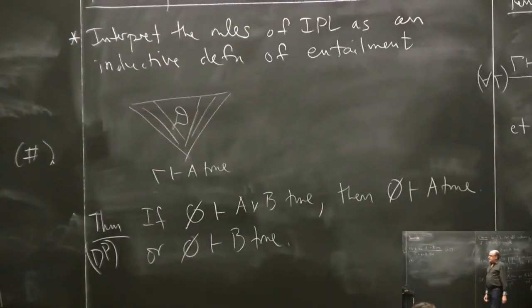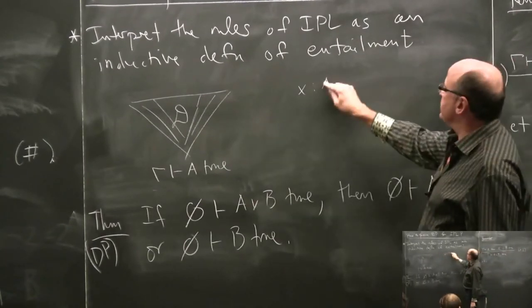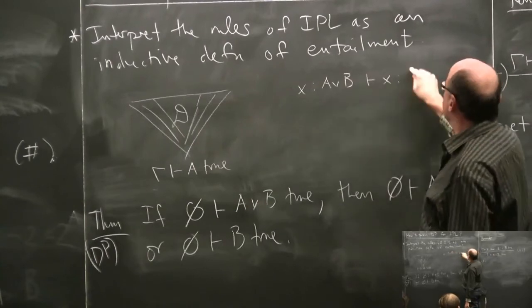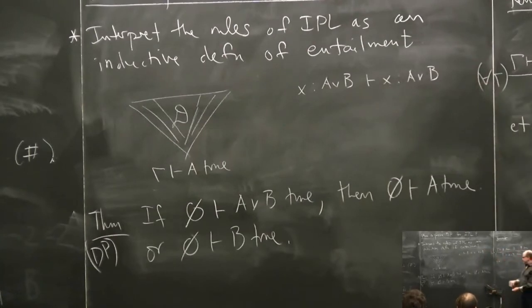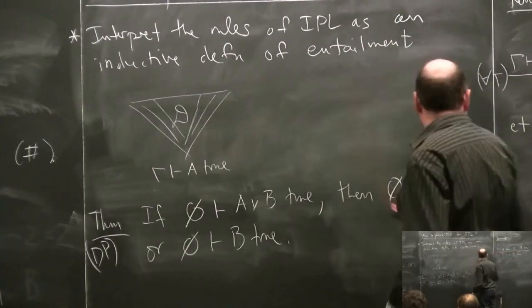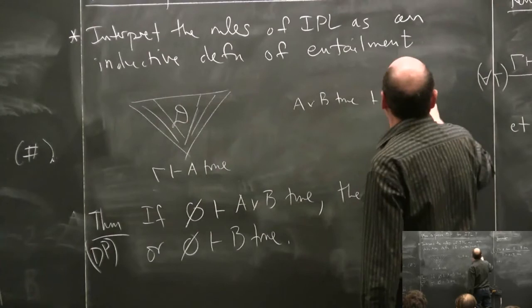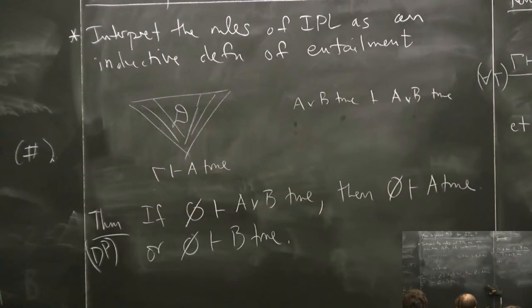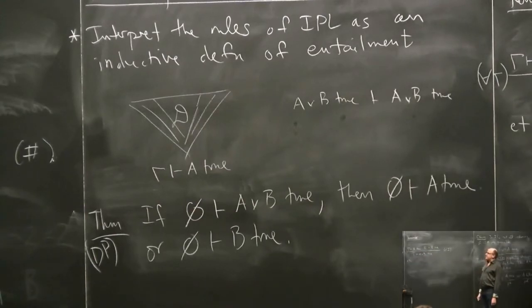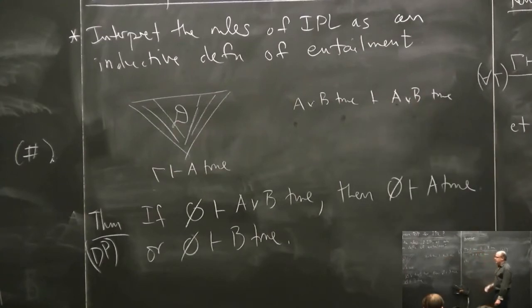Well, why do I insist on no assumptions? Because it's perfectly obvious that if I assume the disjunction and derive it just because I assumed it, then if that's my entire derivation on the board, there's nowhere in sight a derivation of A or a derivation of B, because I just assumed the disjunction.